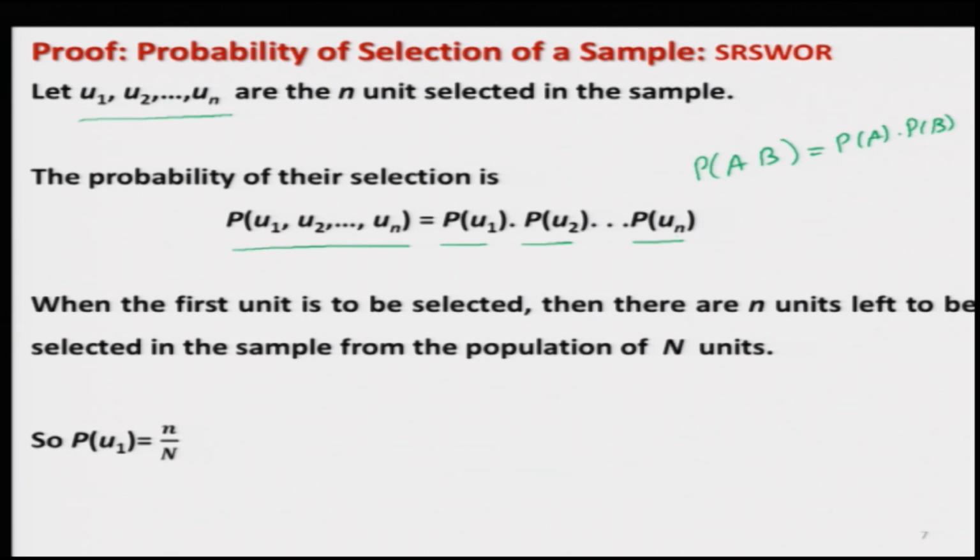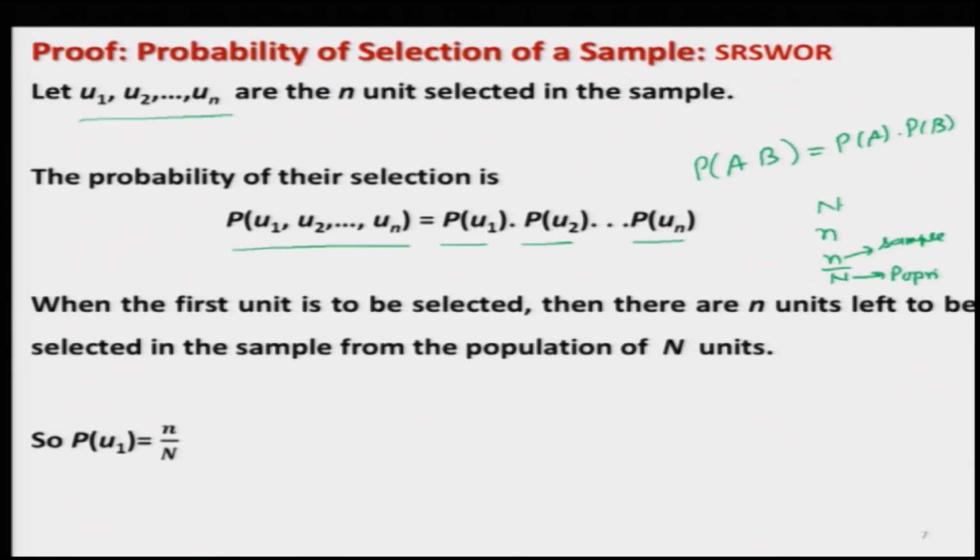Now, I try to compute the probability of u1, u2, un, and for that we have already seen that if there are capital N units in the population, and if I want to select a small n number of units in the sample, then the probability of selection of any unit, say the ith unit in the jth draw, is small n upon capital N. Remember one thing, this is the sample size and this is the population size.